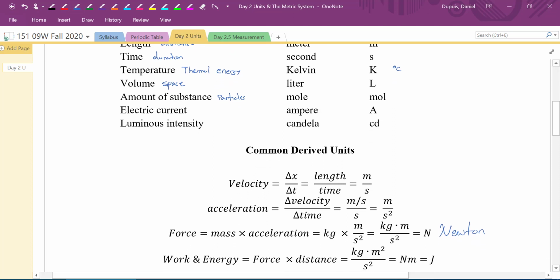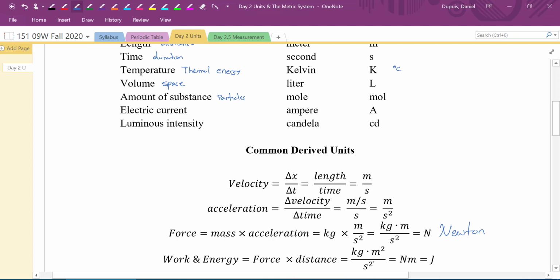Work and energy have the same units. So force times distance is work or energy. Alright, and so this is a kilogram meter squared per second squared. So, for an example, if you have an Nalgene bottle, that's a 1 liter bottle, basically 32 ounces. 1 liter is right around there. It's a 32 ounce bottle, but it's really close to 1 liter.